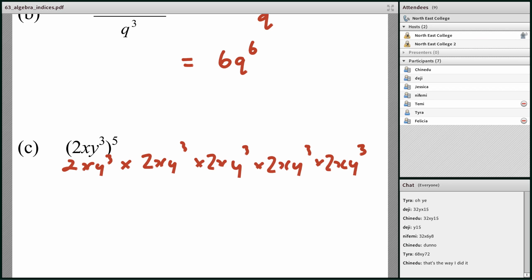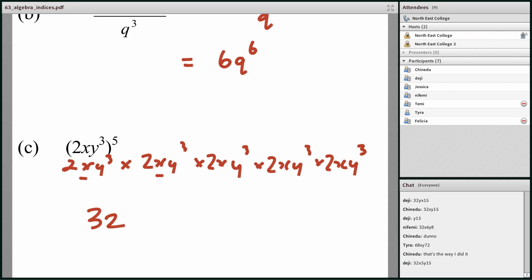Fantastic. Nifemi, is that all right? Yeah. So you can only join together, you're right, Chinadu, you can only join together the similar terms.